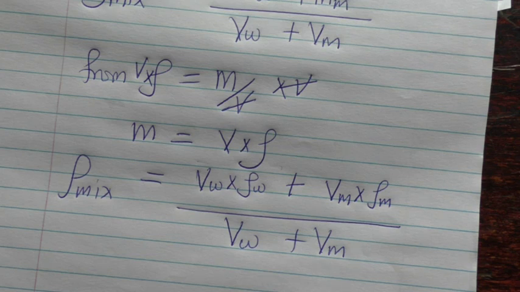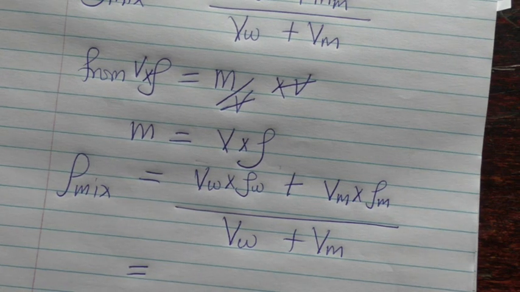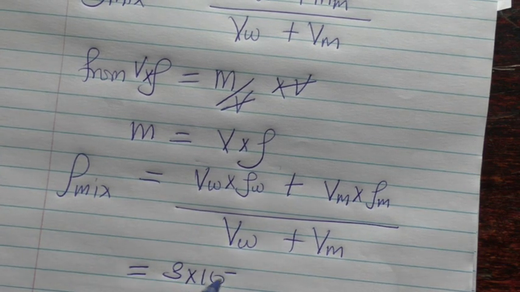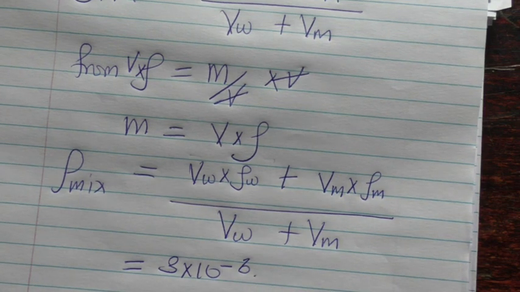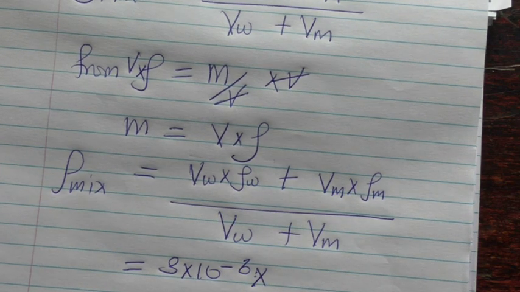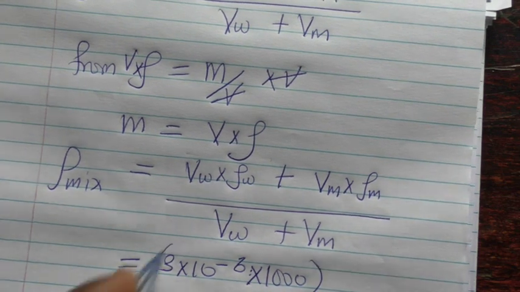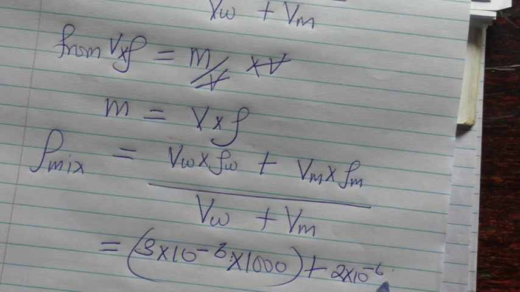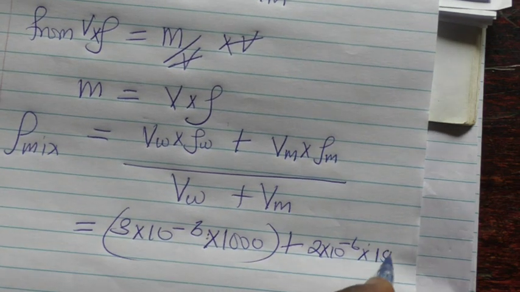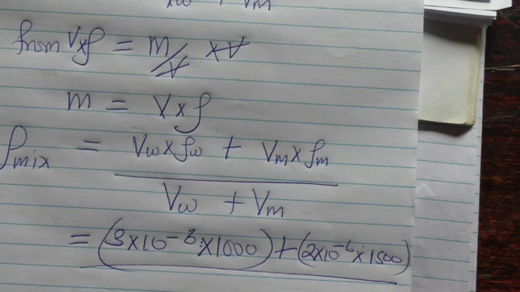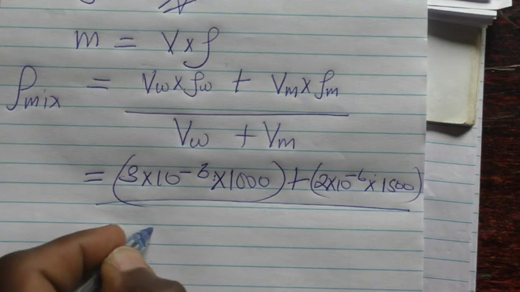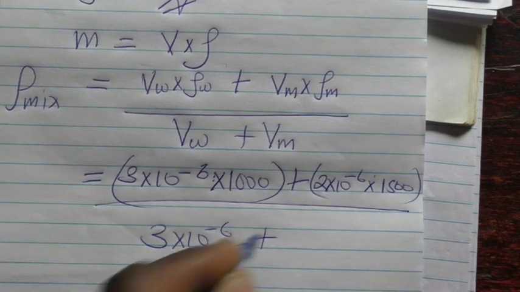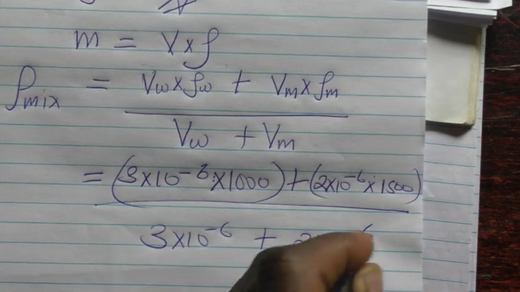Now that I have everything I need, I will just substitute. The volume of water was 3 × 10^-6 meters cubed, times the density, which is 1,000, plus the volume of milk, 2 × 10^-6, times the density, which is 1,500, over the volumes, which is 3 × 10^-6 plus 2 × 10^-6.